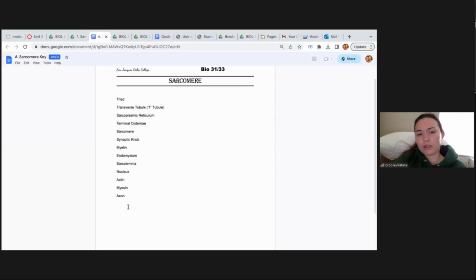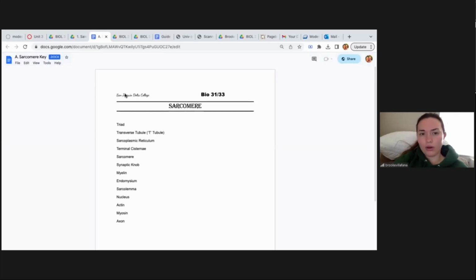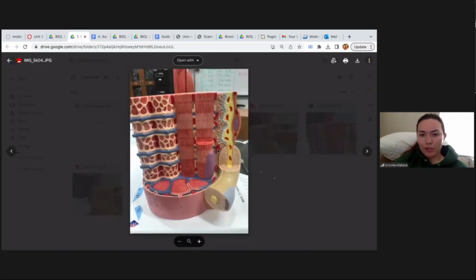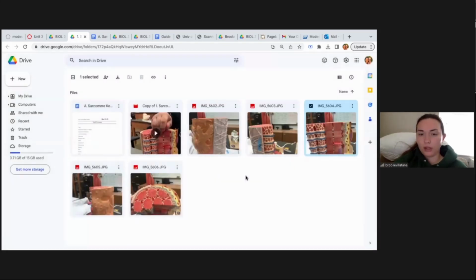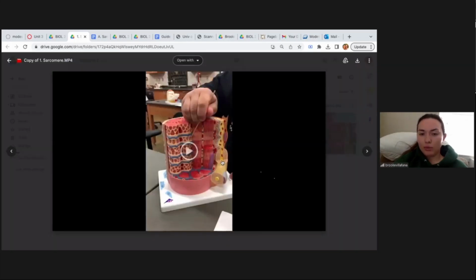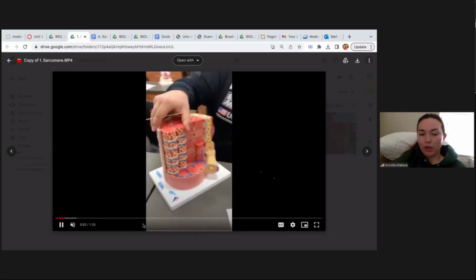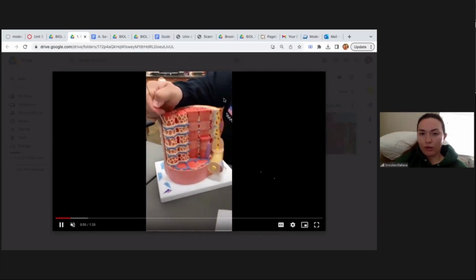Sarcoplasm is not on this test. For this model, we're not testing you on sarcoplasm. Sarcoplasmic reticulum, yes. If you really wanted where it would be, it's probably like this light brown background. I don't have the screen with it labeled. I'd have to relabel it. But like I said, if you want it labeled again, you can utilize this video and you could label one of your images yourself, okay?